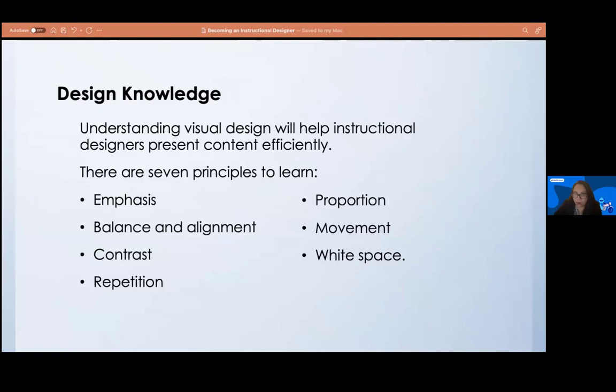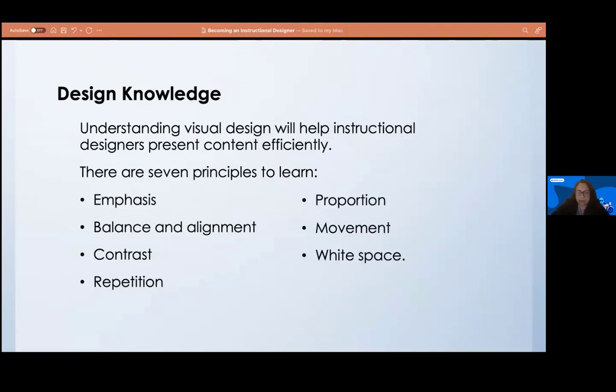You may say, but why do they have to know about design? Well, if I were presenting you this presentation full of words and illustrations on top of one another, you probably would not concentrate on the presentation, but on trying to figure out what you're seeing on your screen.